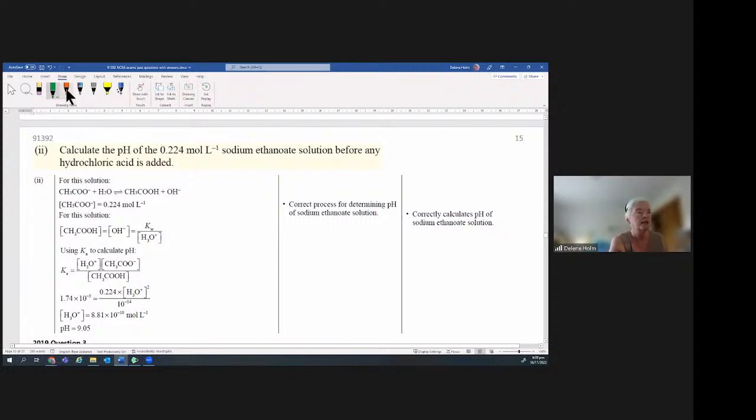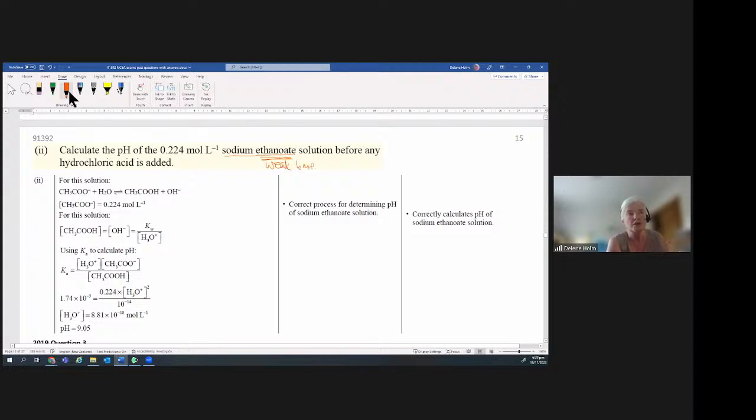Now, here is an example of a common error. This is a salt, but remember what I said about you've got to know the given weak acids and weak bases. Ethanoate means this is a weak base.